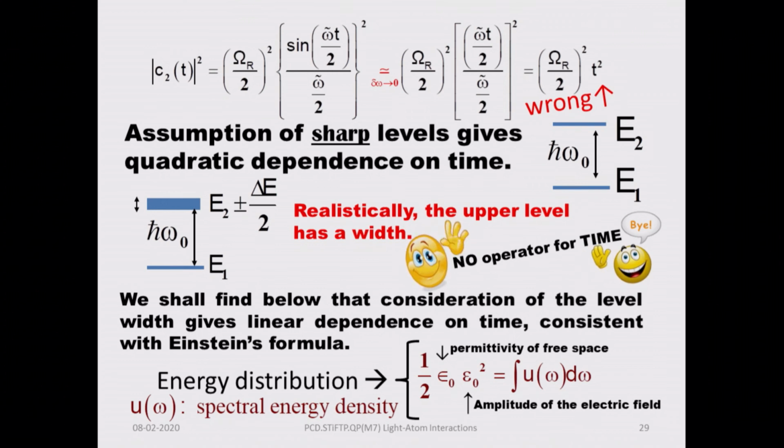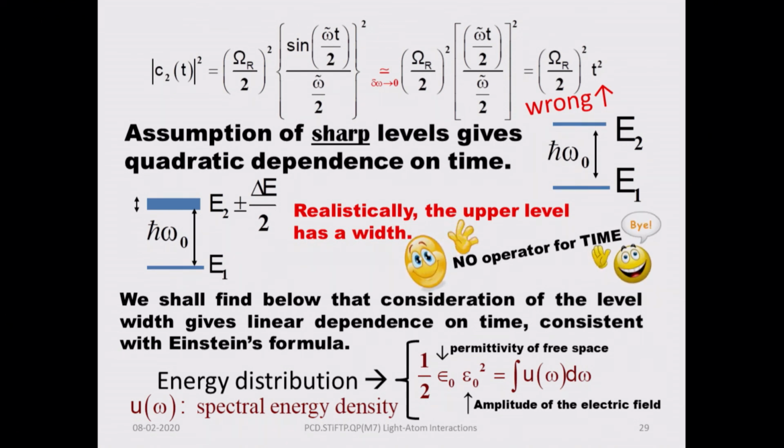So, again I want to remind you that we sort of mix a few ideas. All right? We do take into account the width of the level, but not doing so does not prevent us from thinking about spontaneous emission. Okay?